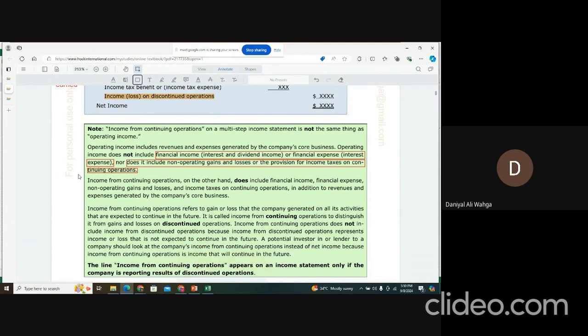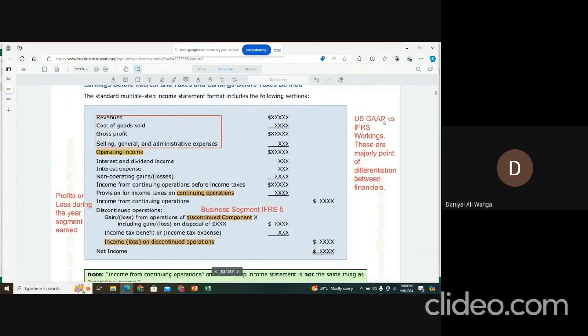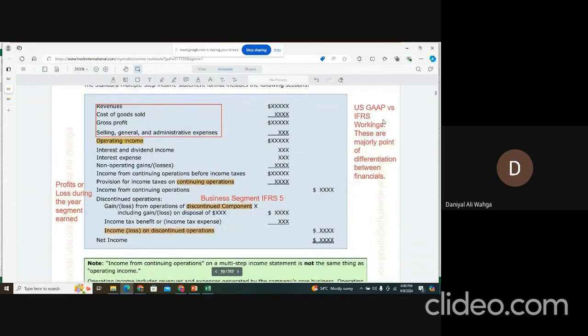It first explains that my company earns revenue and sales or expenses. Yes, my revenues and expenses are a part of my operating income. That means it generates my day-to-day operating profits, my day-to-day sales and related costs. What's next?